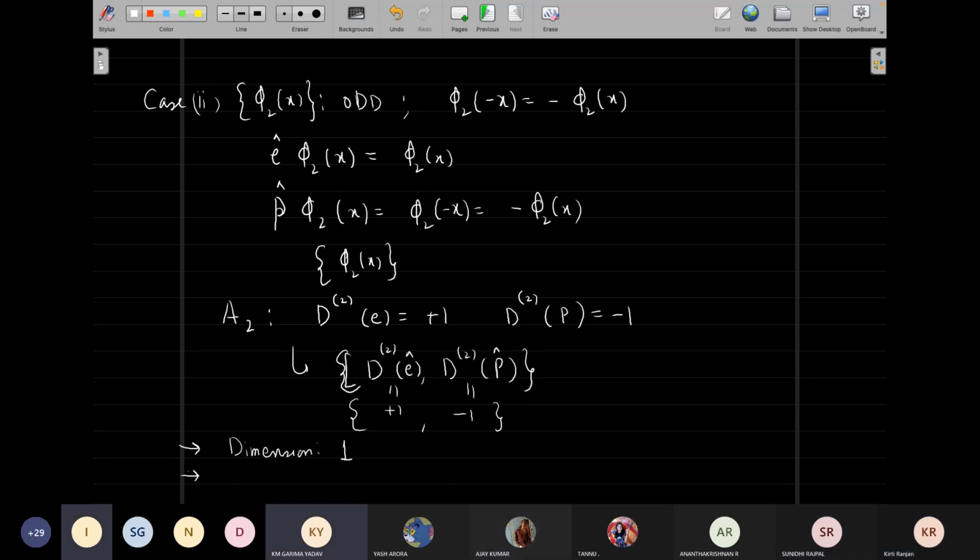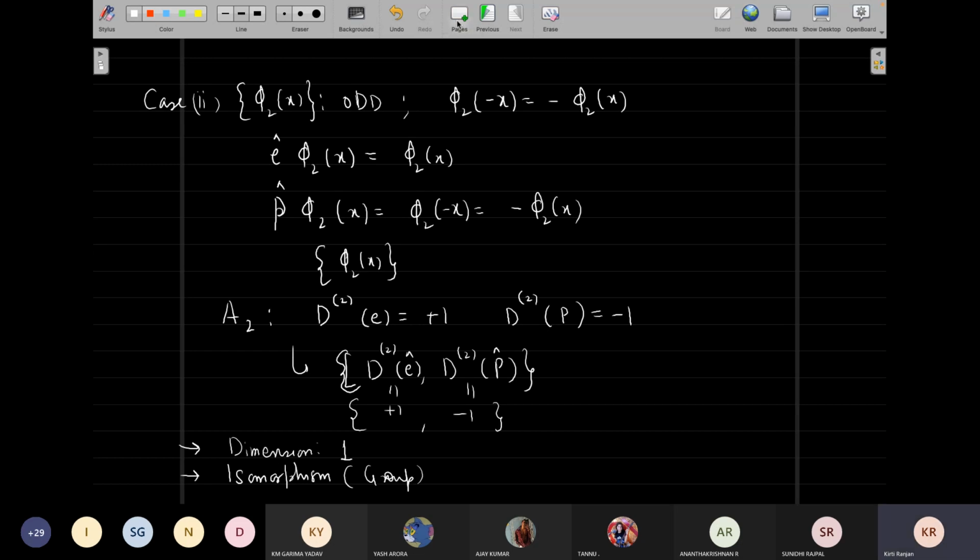Isomorphism. Suddenly you have got two representations of the operators E and P, one in the space of even functions and one in the space of odd functions. But why should I limit myself to this? I can also have some other things.